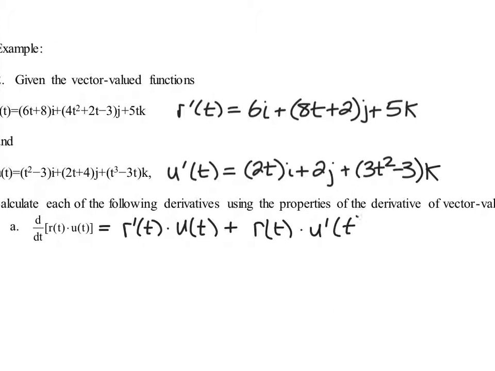U prime of t. All right, so we have to dot the appropriate components together. Could be a lot of writing unless you could do some of this on the fly. So I'll try to color code it a little bit. So I'm doing r prime against the u. So it's going to be 6 multiplied by the components of u, or at least to start. So it's going to be 6t squared minus 18.